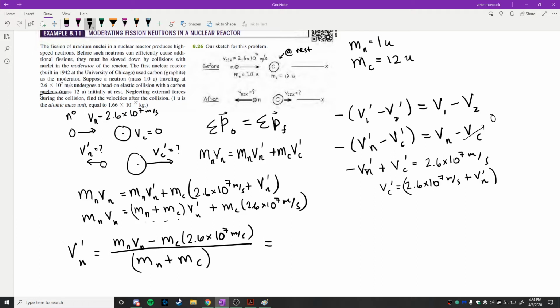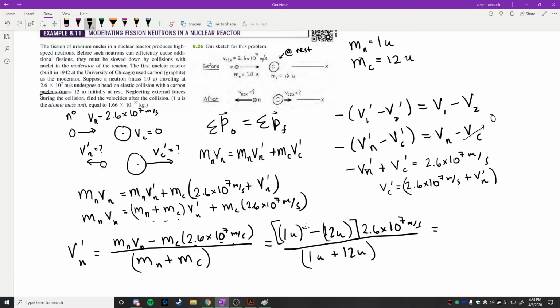So Mn was 1 U. Vn was... Oh wait, it's the same as this, isn't it? Yeah. So I guess we could actually do 1U minus 12U, and then that's multiplied by 2.6 times 10 to the 7. And then we divide this by 1U plus 12U.